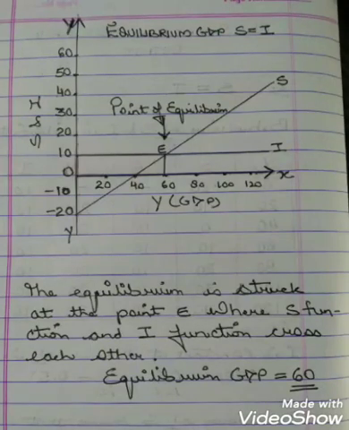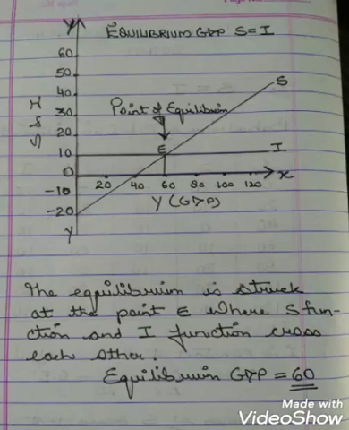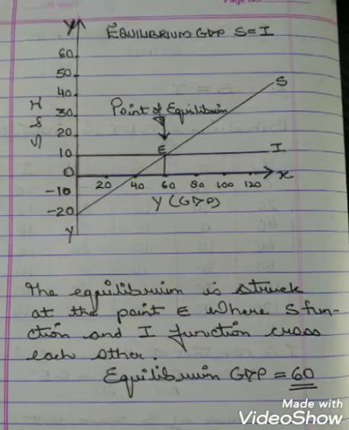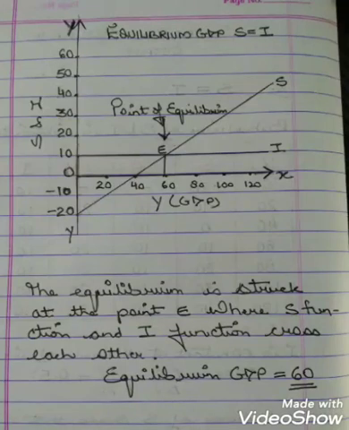To clear this stock, the producer would plan a lesser output. Lesser output means lesser income, and lesser income means lesser saving, and this process continues till S equals I. That means the equality between S and I is restored through change in the level of Y.